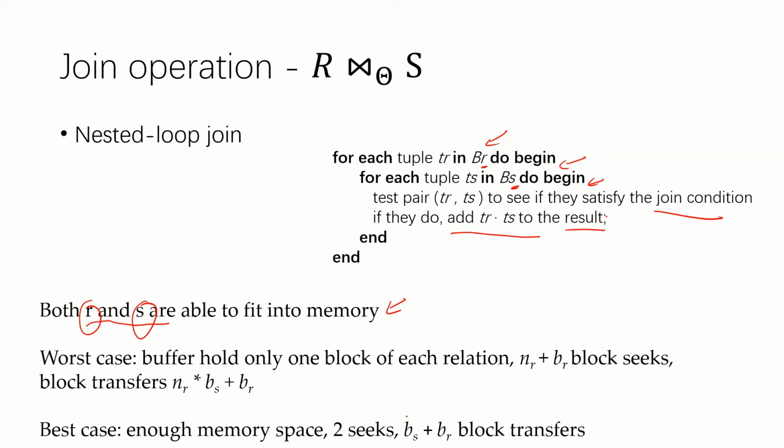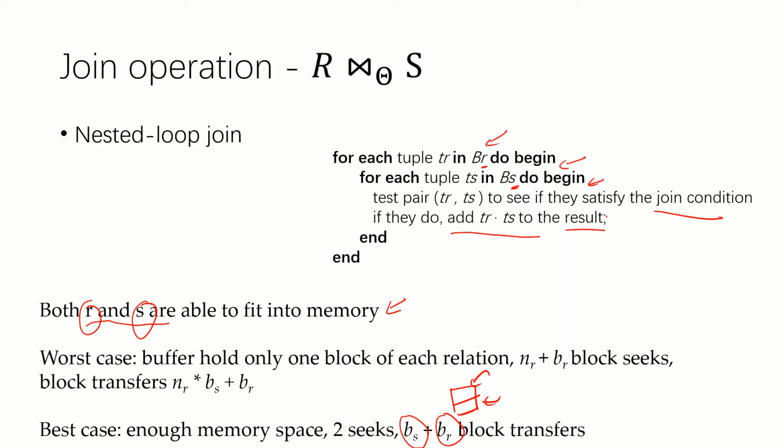So we just need to do all the block transfers into the memory. And then after that, I just need to do 2 block transfers. Okay, so this will be all that is required.